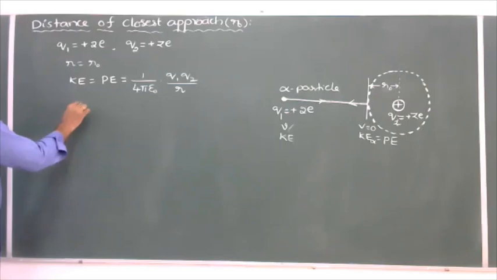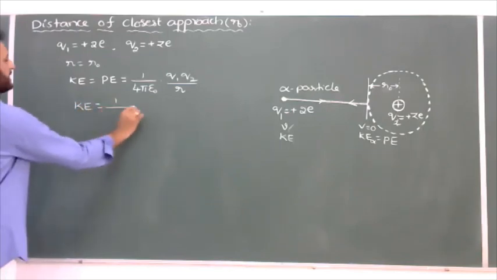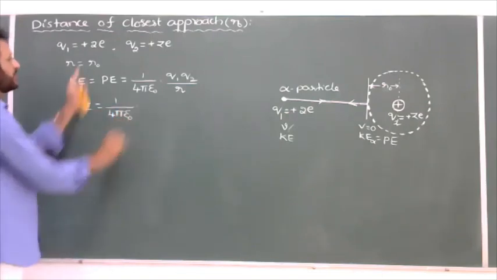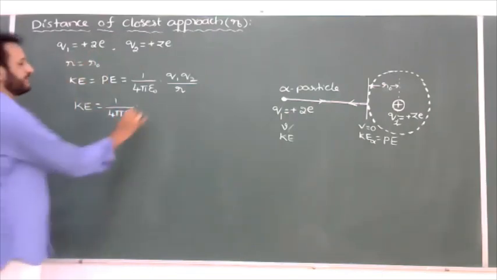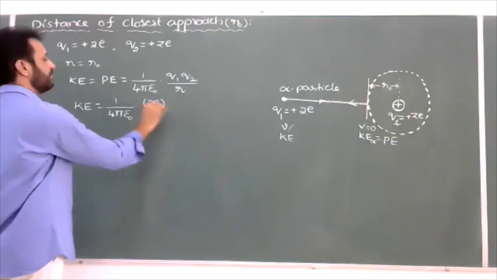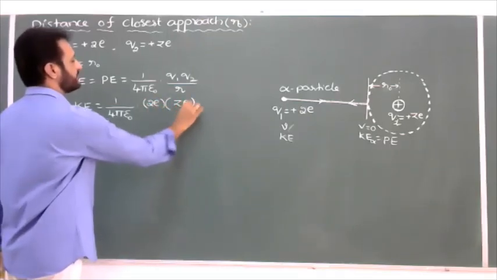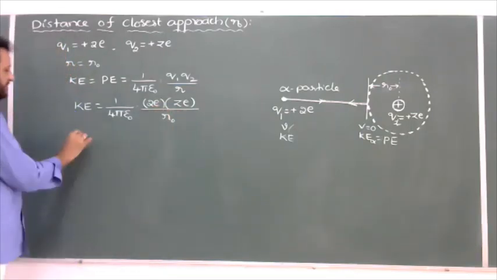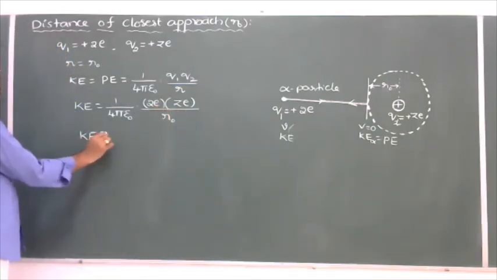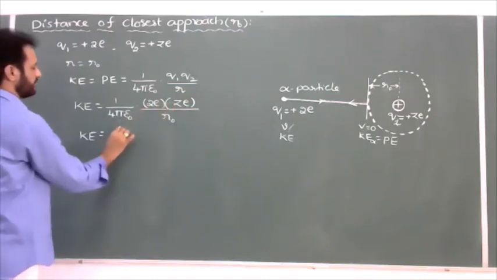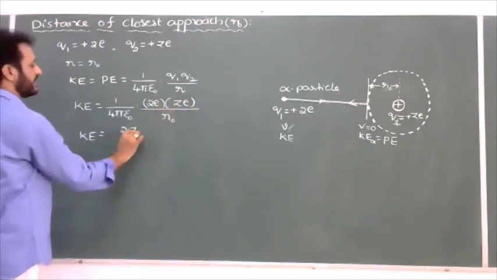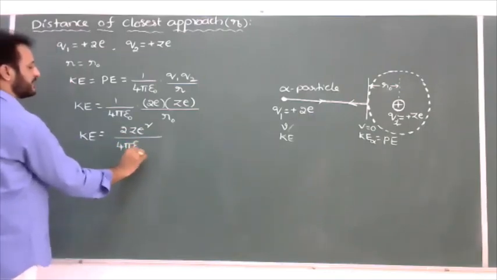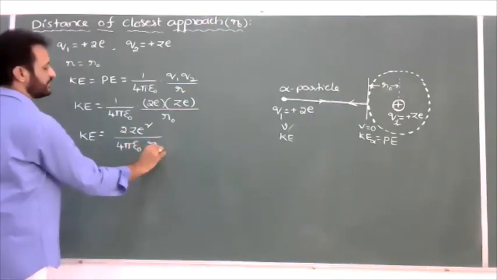Now I'll write KE is equal to 1 by 4 pi epsilon naught into Q1, which is plus 2e, into Q2, which is Ze, divided by R, where in place of R I am writing R naught. Therefore KE is equal to 2 into Ze into e, which is 2Ze square, divided by 4 pi epsilon naught into R naught.